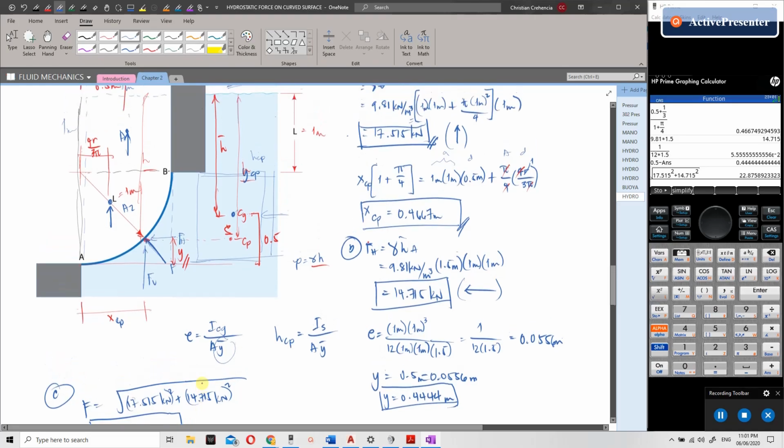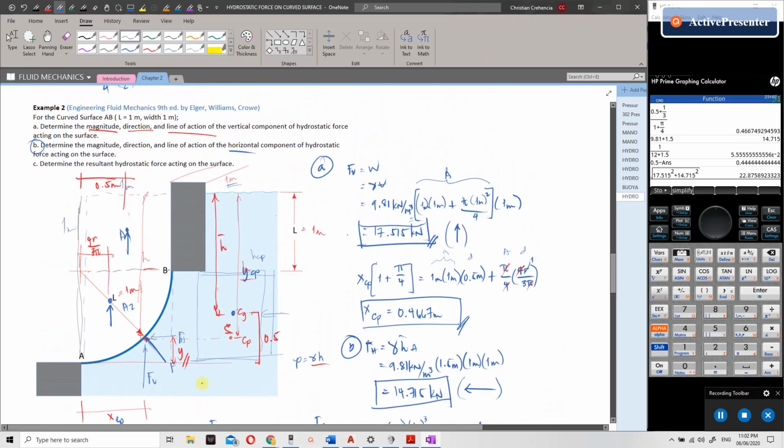So hindi naman tinanong yung direction, pero dadaan nga ba yung total hydrostatic force natin dun sa center nitong quarter of a circle natin? Okay, so dadaan ba siya dun sa point na yon? So check natin. So meron tayong triangle dito. So nakuha natin tong distance na to na XCP, 0.4667.